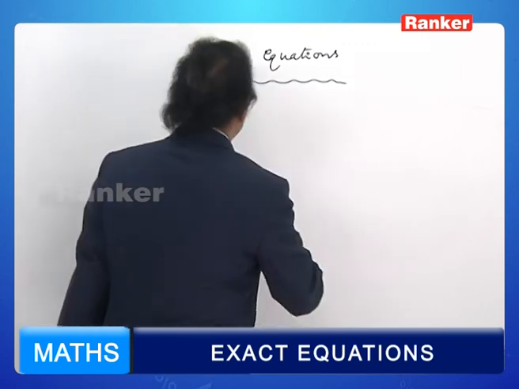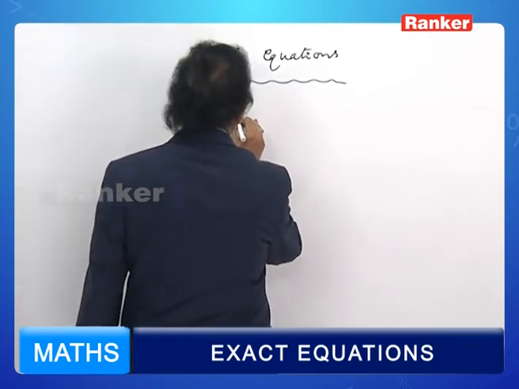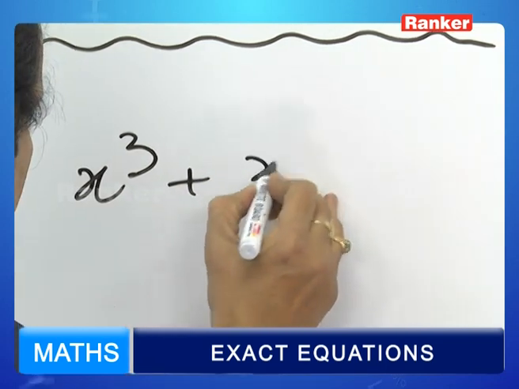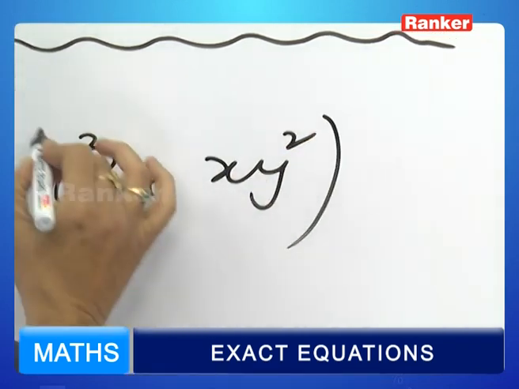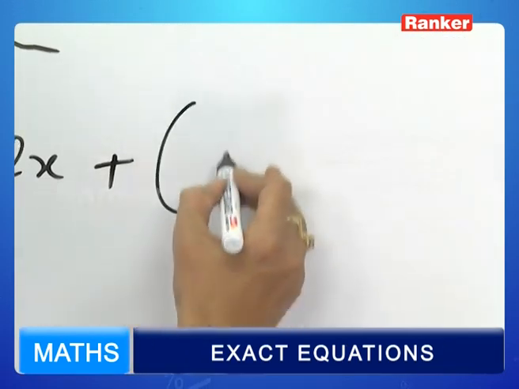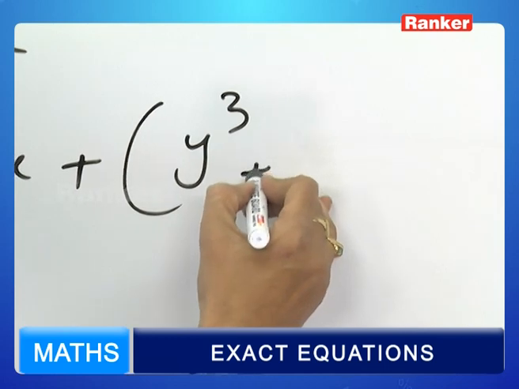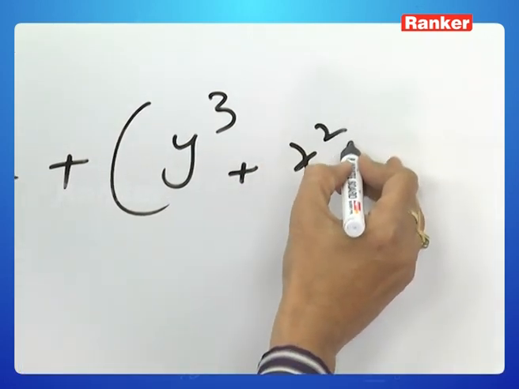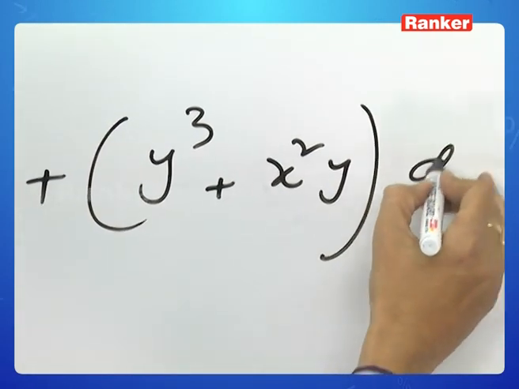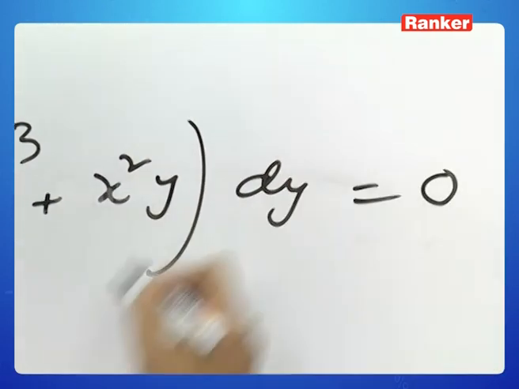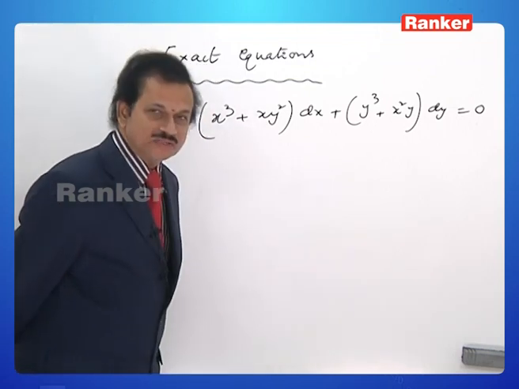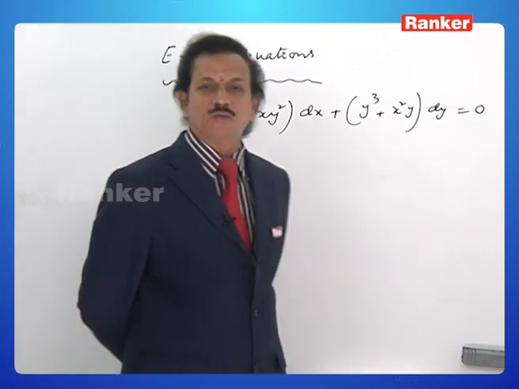Consider the equation (x cube plus x y square) dx plus (y cube plus x square y) dy is equal to 0.